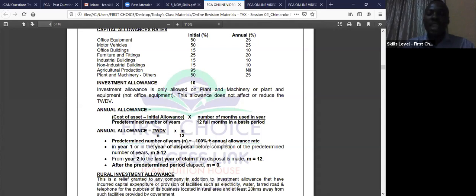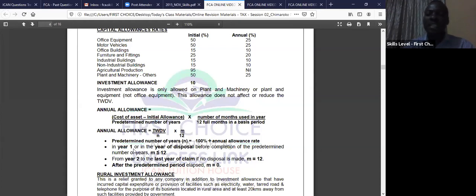Then in the year of disposal, if it is not disposed before the completion of the predetermined number of years, that means if it is not disposed at the end of the year or the basis period, you will always get this prorated decimal because your M will be less than 12. But if it is disposed at the end of the year, then M will be equal to 12. So this prorating will no longer be.